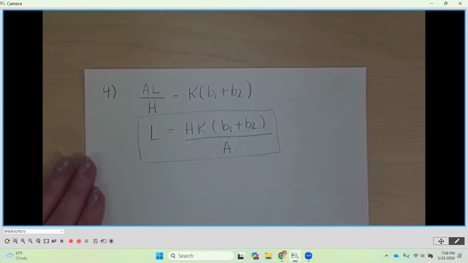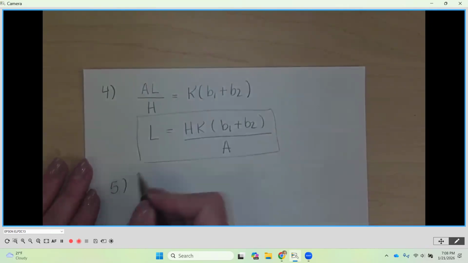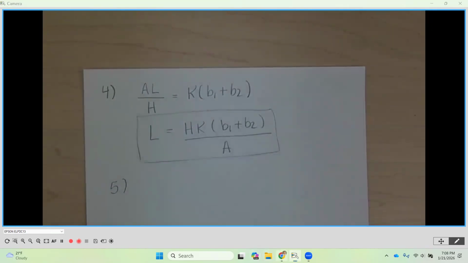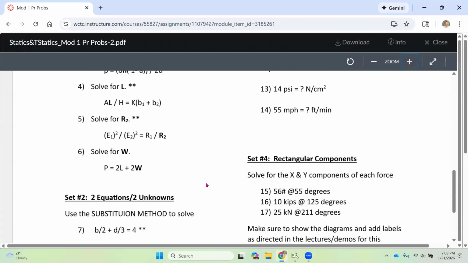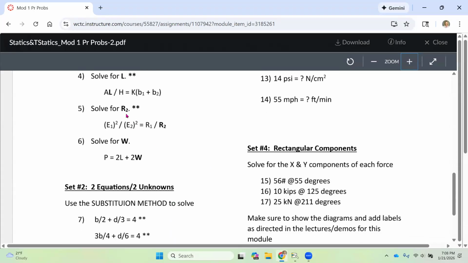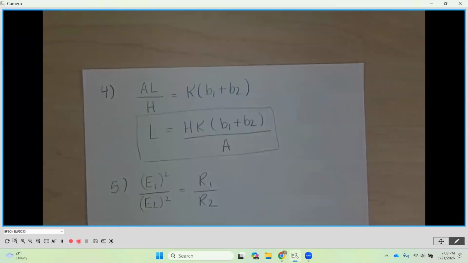Okay. Number 5. Let's go back over here. Number 5, we're going to be solving for R2. R2 is going to be over on the right-hand side here. Again, this is a fraction, so we want to write it in its up-down format. So we've got E1 squared divided by E2 squared is equal to R1 divided by R2, solving for R2.